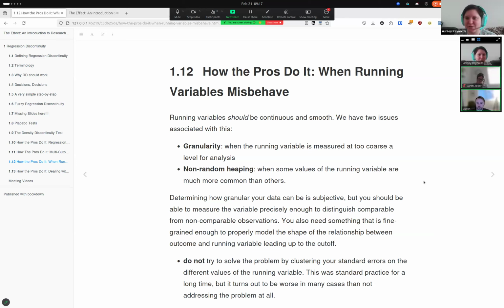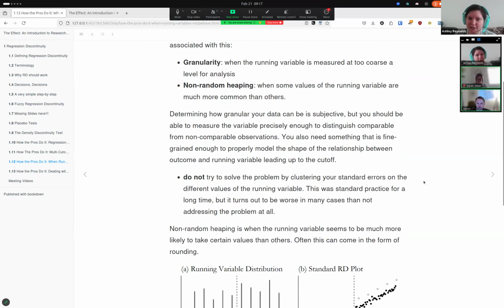We do have two issues that arise with running variables pretty commonly. The first is the level of granularity. So we run into issues when the running variable is measured at too coarse of a level for analysis. And the second issue is non-random heaping. And that's when some values of the running variable are much more common than others.